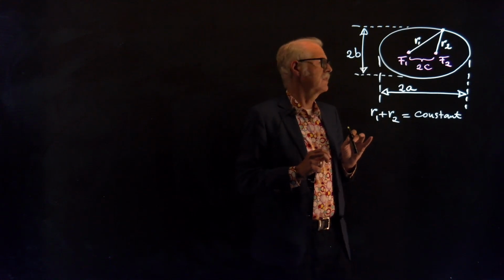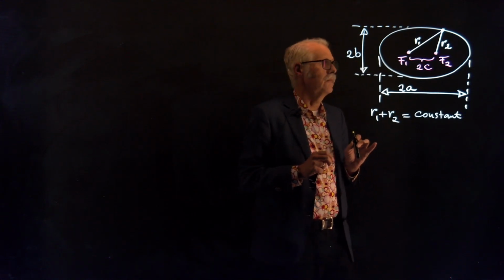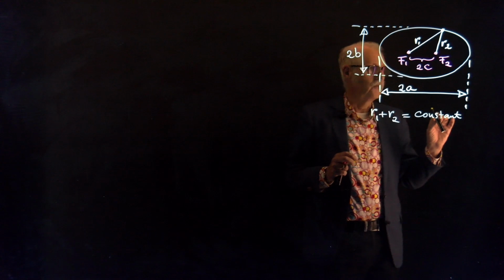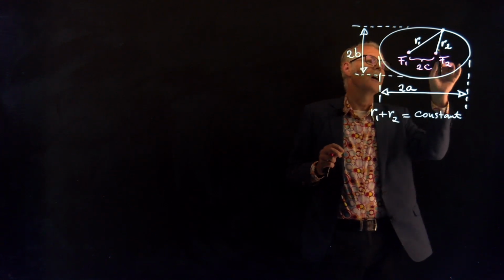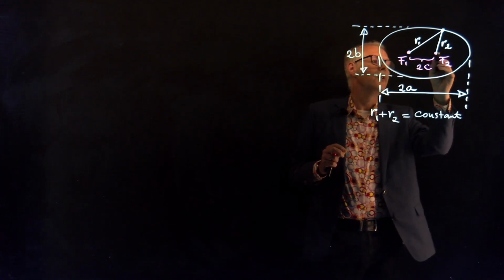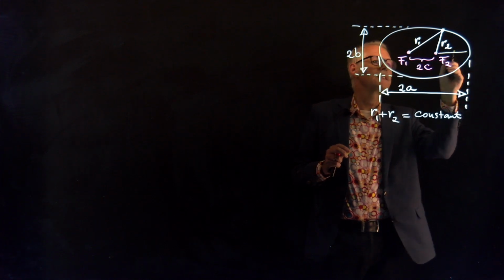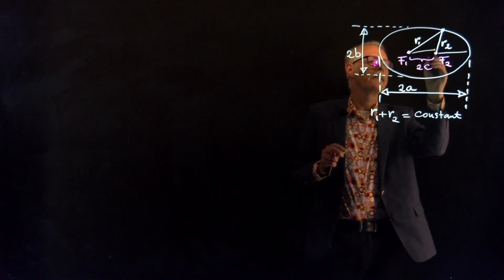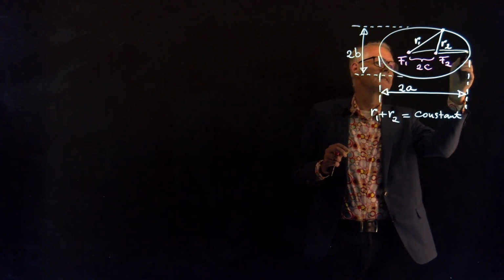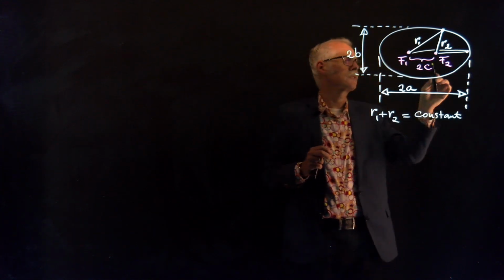We also know this constant, by the way, because we can put the r1 and the r2 both going in this direction. So if the r2 is this and the r1 is that, we can see how it works out.